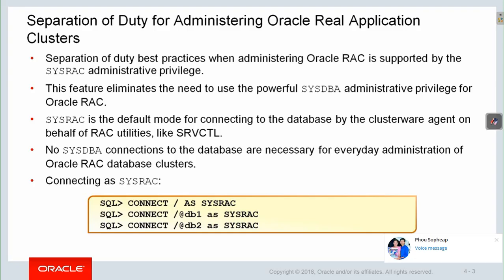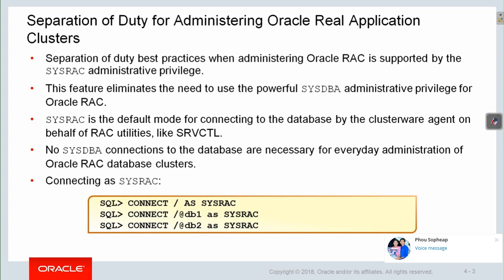Then you run the SRVCTL stop database command or stop instance command. To run this command, SRVCTL must connect to the RAC instance. We used to log in as SYSDBA, but starting with 12.2, we log in as SYSRAC. And no SYSDBA connections to the database are necessary for everyday administration of an Oracle RAC database cluster.